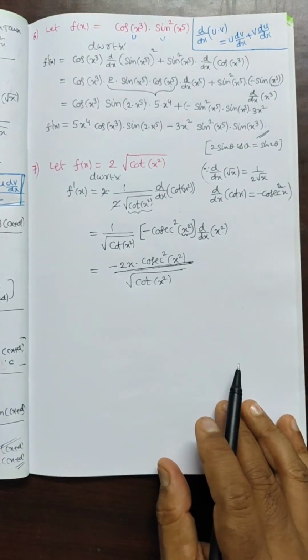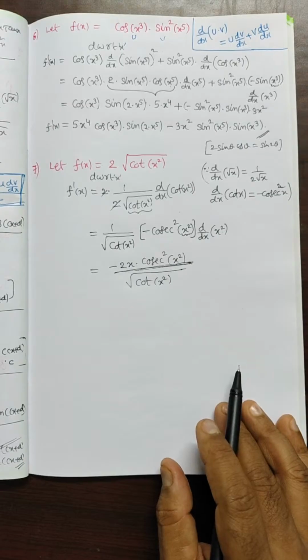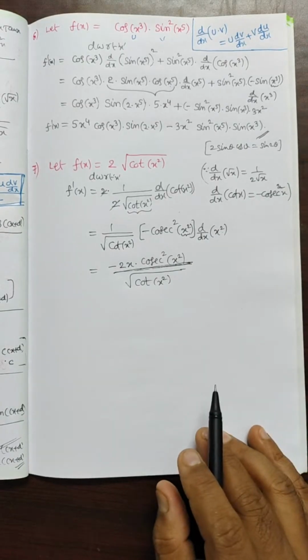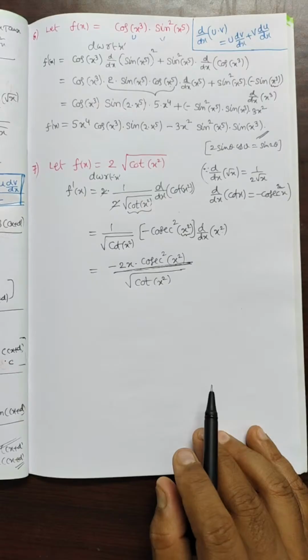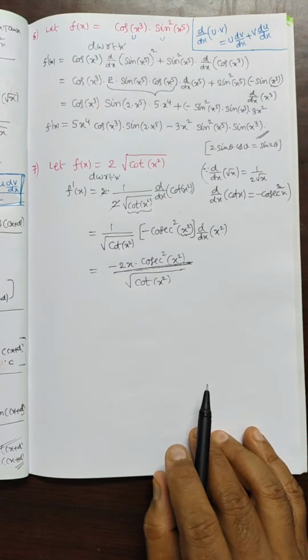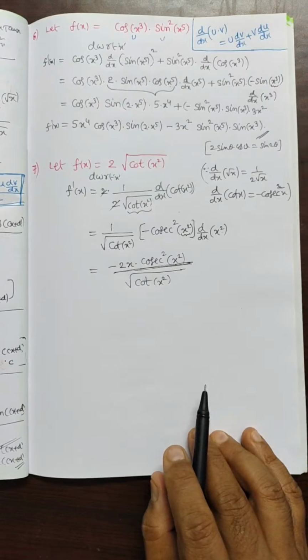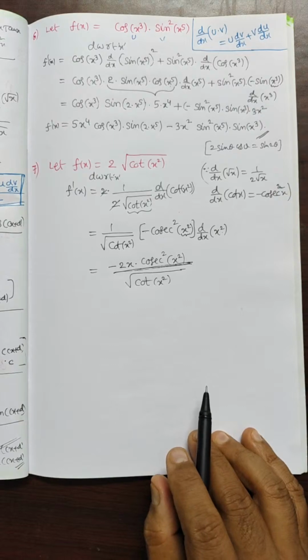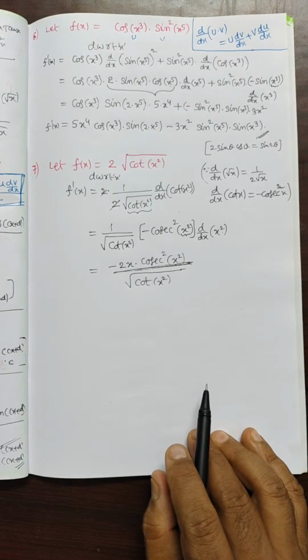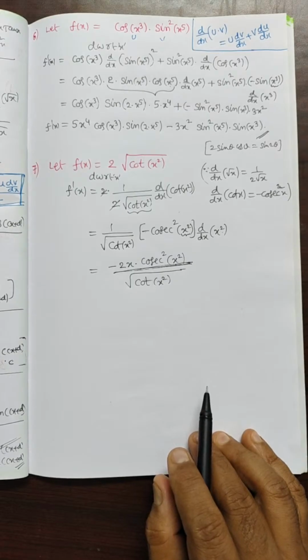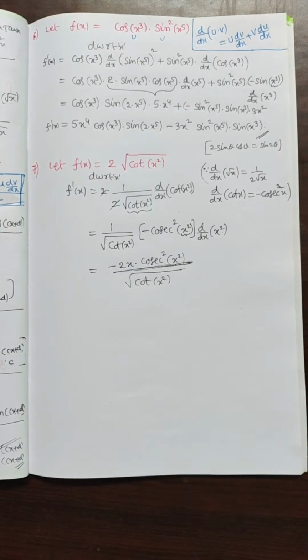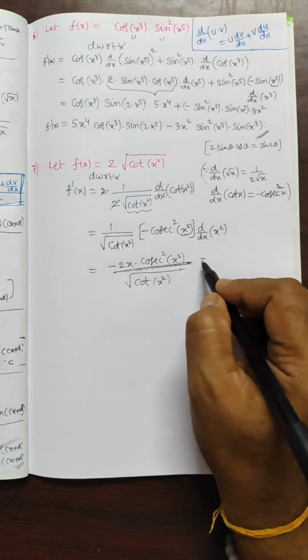Okay, dear students, I hope you understand. That's the answer. Nothing more is there in this. Suppose if you want to write the answer in terms of sine and cos, we can write it. So in what way we can write it, we can simplify more.